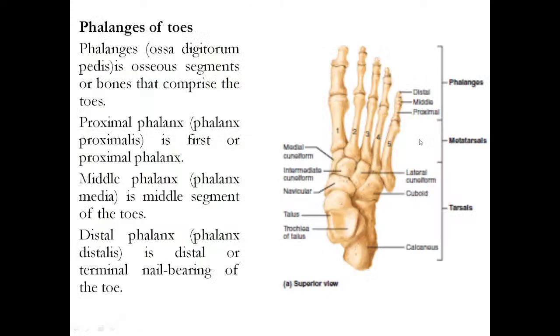Next, the phalanges of the toes, ossa digitorum pedis. These are the osseous segments, or bones, that comprise the toes. The proximal phalanx, phalanx proximalis, is the first segment. The middle phalanx, phalanx media, is the middle segment.